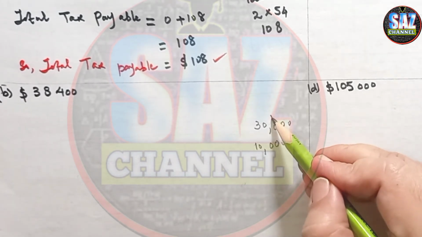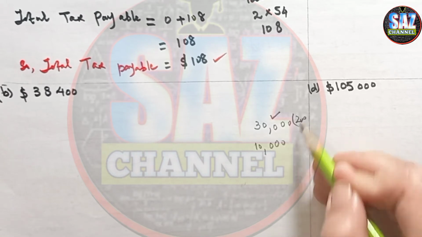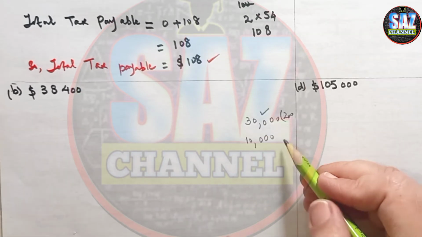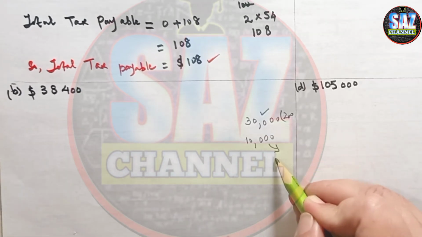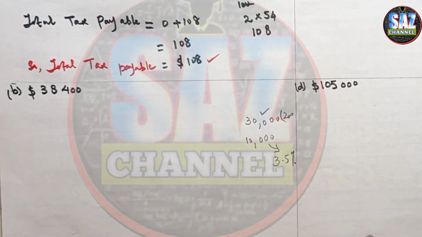On the first $30,000 you have to pay $200, and on the next you have to pay tax at 3.5%.